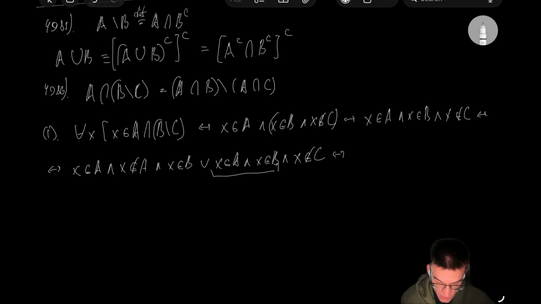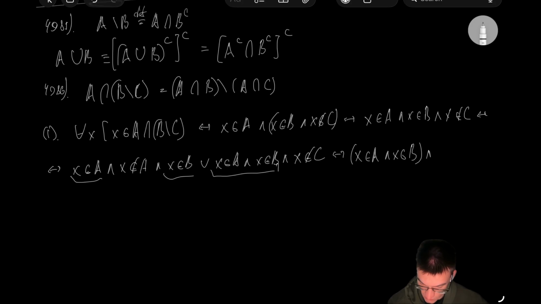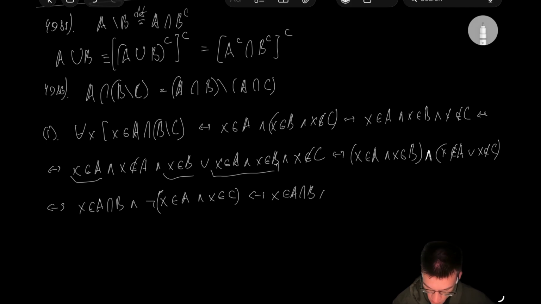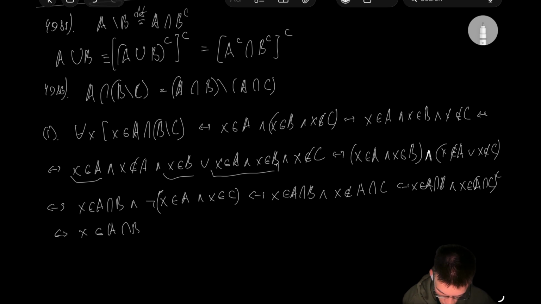We can factor out this part, which will give us x in A and x in B, and the conjunction with x is not in A, or x is not in C. This is equivalent to x in A intersection B, and the negation of x in A and x in C, which is equivalent to x in A intersection B, and x does not belong to A intersection C. That is equivalent to x in (A intersection B) minus (A intersection C), because that's the general formula of it.